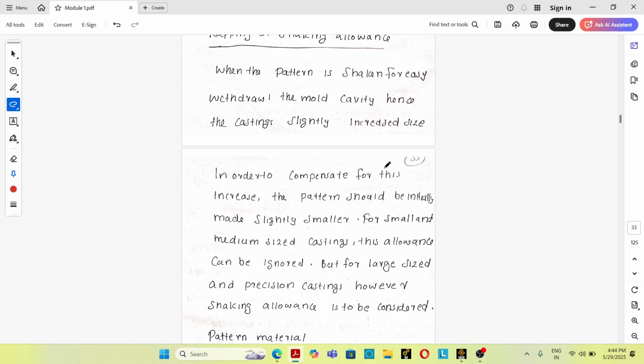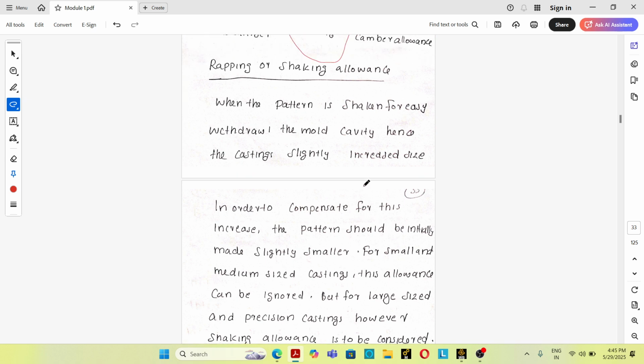So in order to overcome this problem, the pattern should initially be made slightly smaller. For small and medium sized castings, this allowance can be ignored, but for large sized castings, it is usually provided.